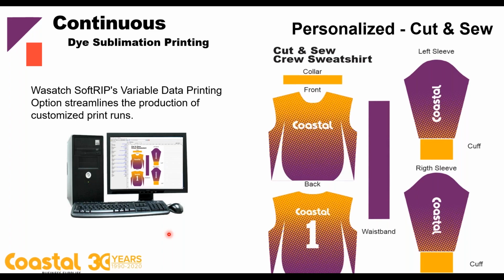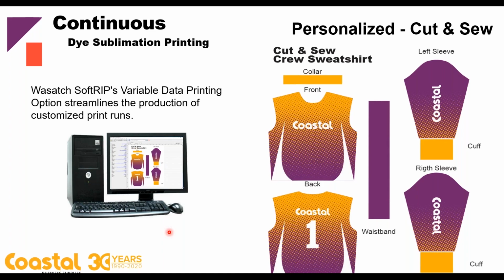If it's a baseball team with 15 players, you don't have to design 15 different images. You can do one image and bring the players' names and numbers into the variable data printing option in Wasatch, and that will fill that information in for you. So you're only bringing in one design.